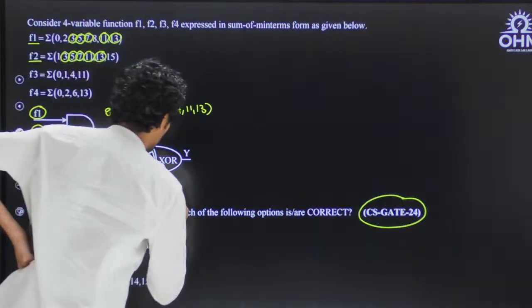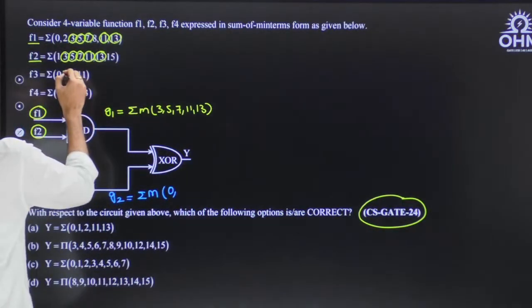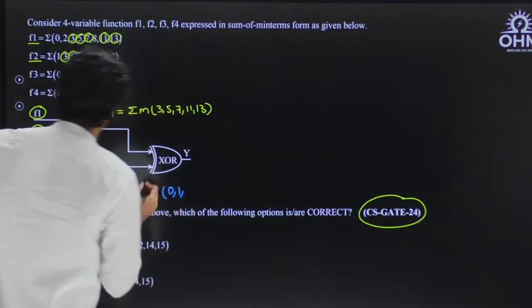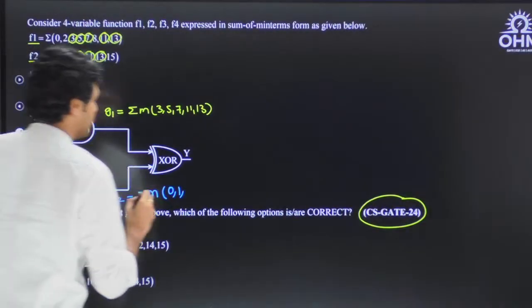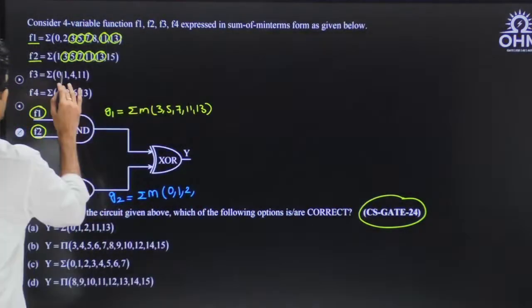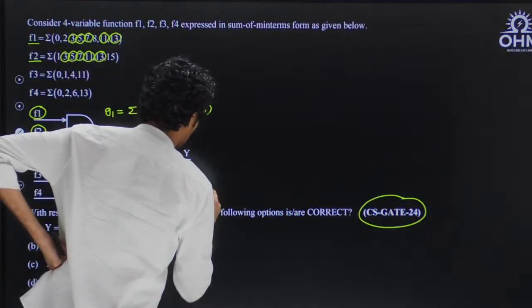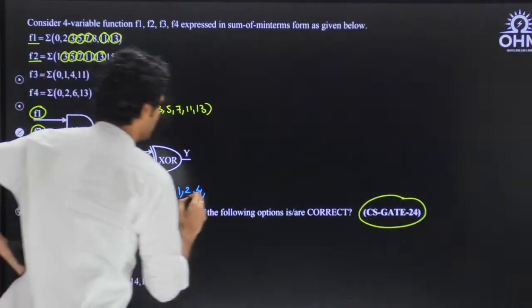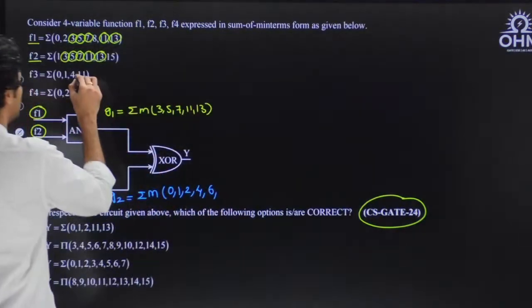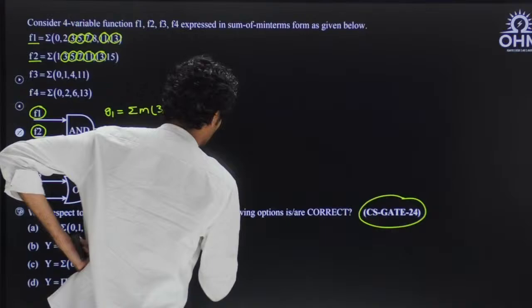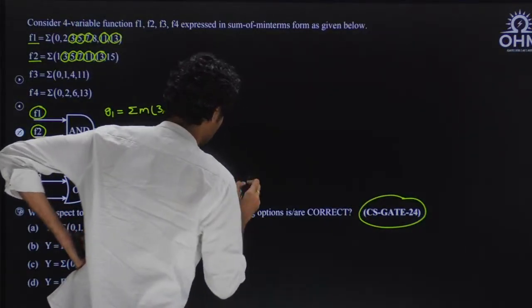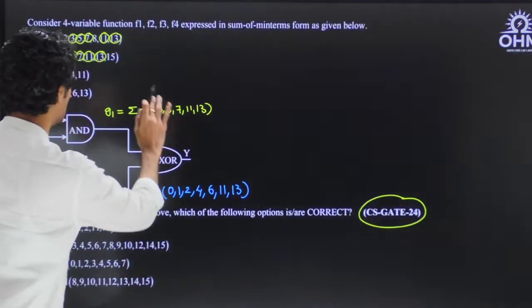I have to merge both. 0 is common in both. 1 is present here, 1. 2 is present in the second function, so I am taking 2 also. After that, we go in increasing order. After 2, we have 4 here. And then we have 6 here in the second case. And lastly, 11 as well as 30. So this is basically G1, G2.